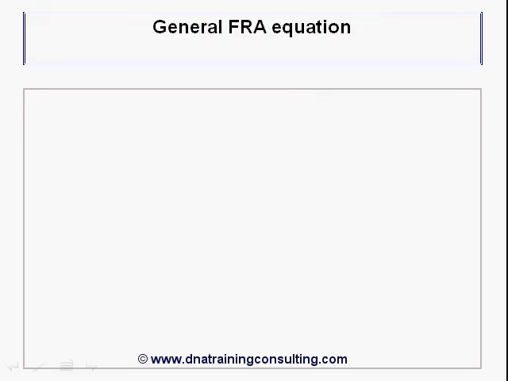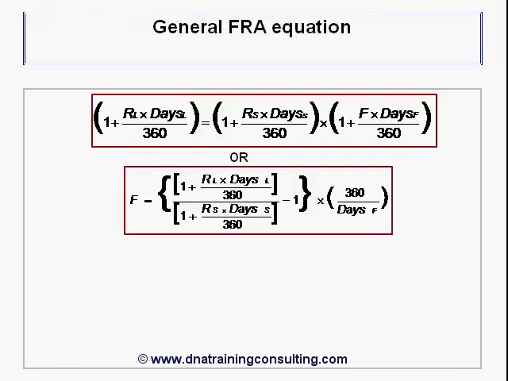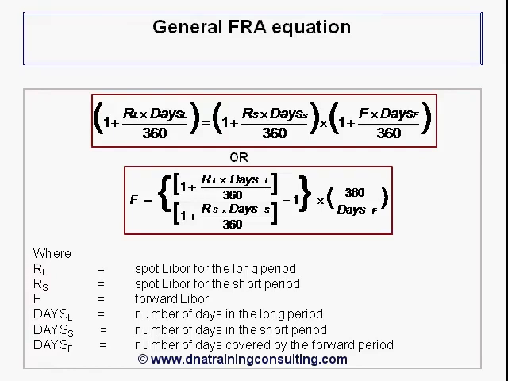The insight behind the no arbitrage argument can be summarized by writing this equation here, or equivalently, this equation here, where RL is the spot LIBOR for the long period, RS the spot LIBOR for the short period, F the forward LIBOR rate, days L the number of days in the long period, days S number of days in the short period, and of course days F the number of days covered by the forward period.